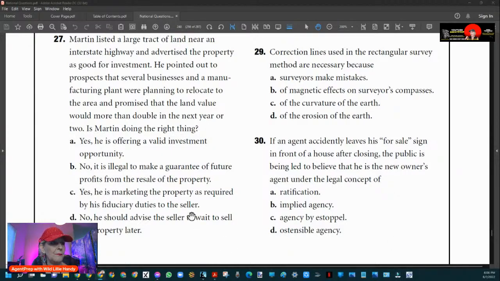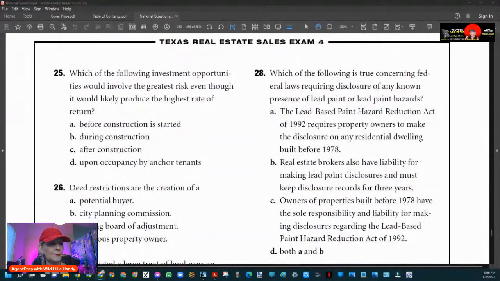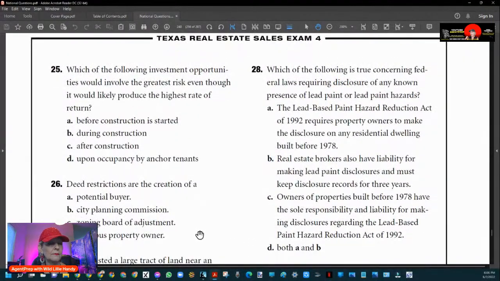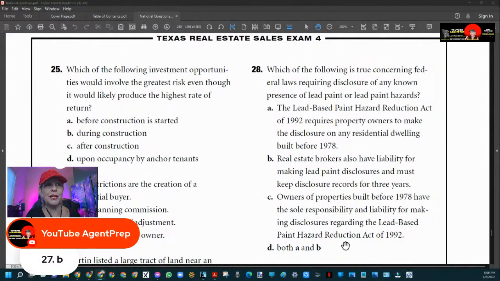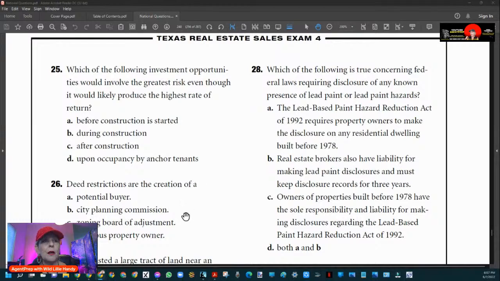All righto, number 28. Which of the following is true concerning federal laws requiring disclosures of any known presence of lead paint or lead paint hazards? A, the Lead-Based Paint Hazard Reduction Act of 1992 requires property owners to make the disclosure on any residential dwelling built before 1978.